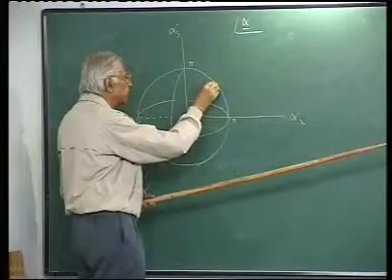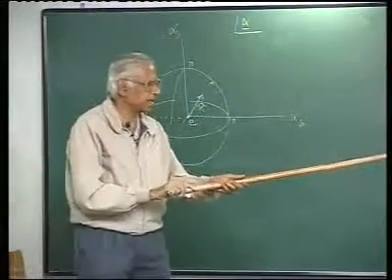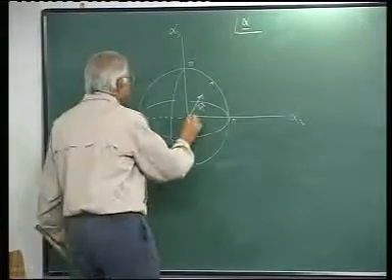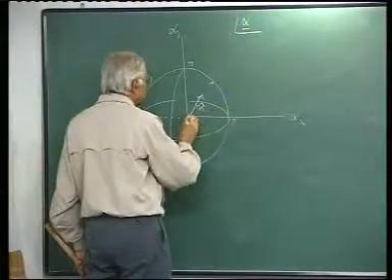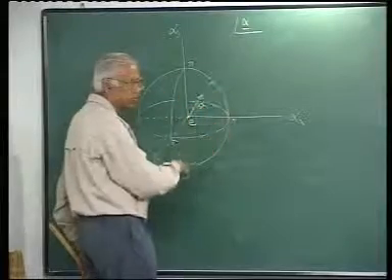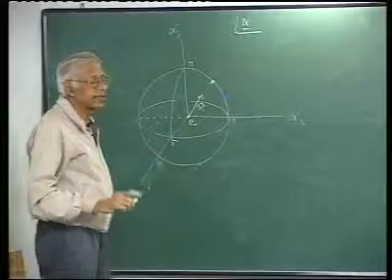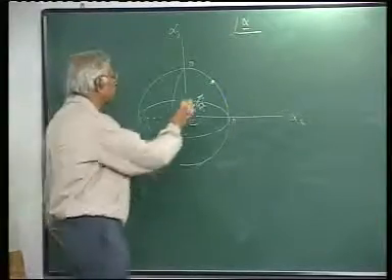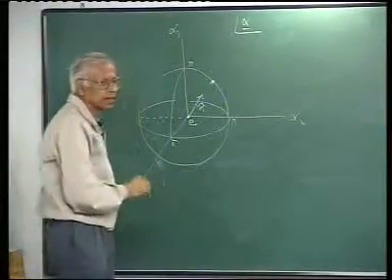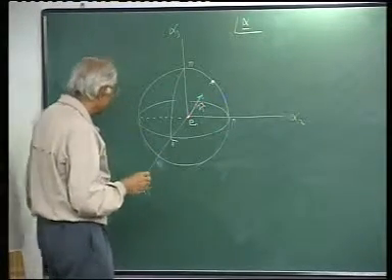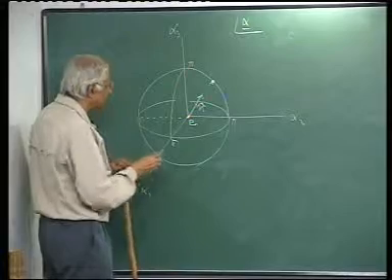As I keep increasing the amount of rotation about the given axis, I am getting a family of group elements lying on this line in this picture. At some stage, I reach 180 degree rotation. That is this group element. Clear? But now I have made an unfortunate slip.